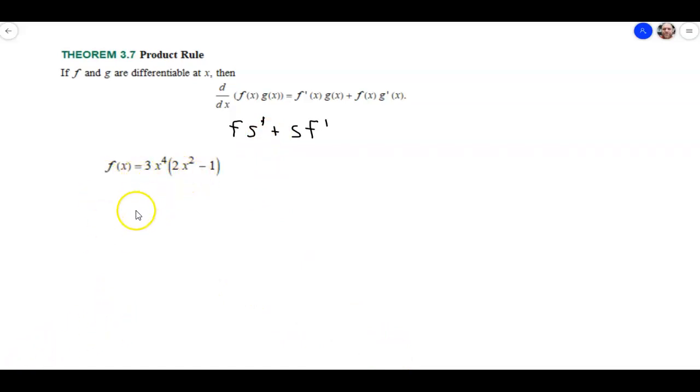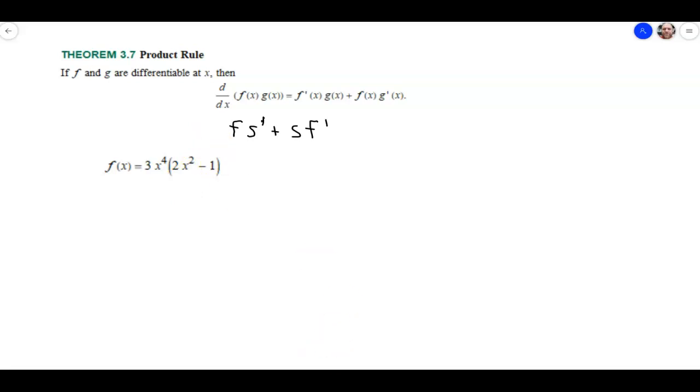Alright, so here's the first example here, and if we were doing this from last section, we could have just distributed this 3x to the fourth with these two values here, and we could have just used the power rule with the constant rule on each one of those, breaking it up through the sum rule there. However, we want to use this formula now, so we have to define this as a product between two functions.